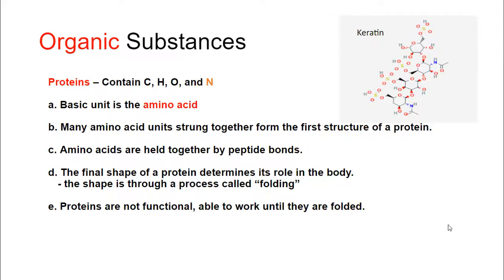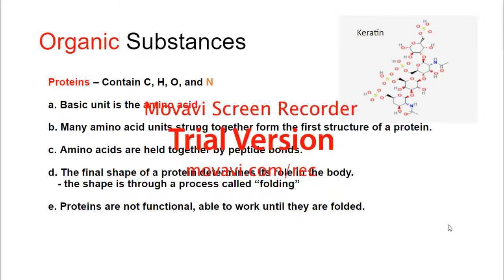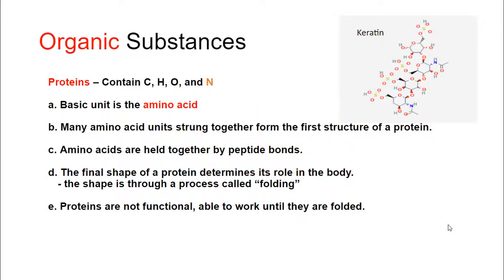Ribosomes in the cell are where amino acids are linked together to form proteins through peptide bonds. After the amino acids are linked together, the protein has to fold. A lot of times it folds on itself, and then it becomes functional after it's folded properly.